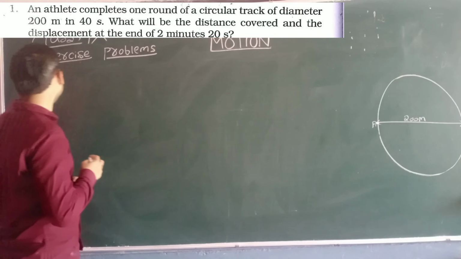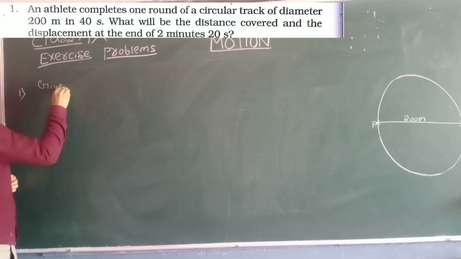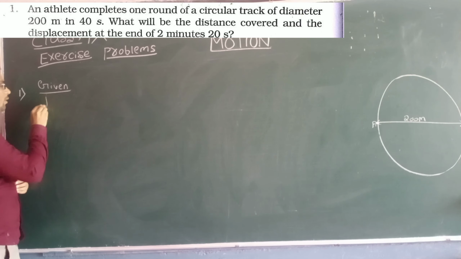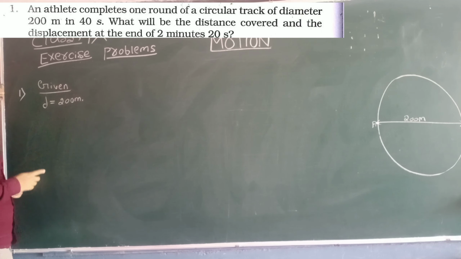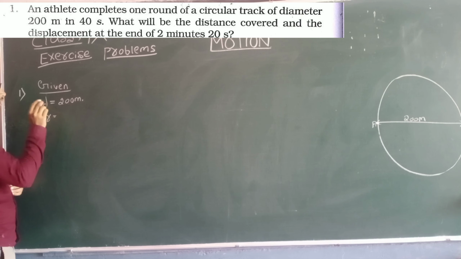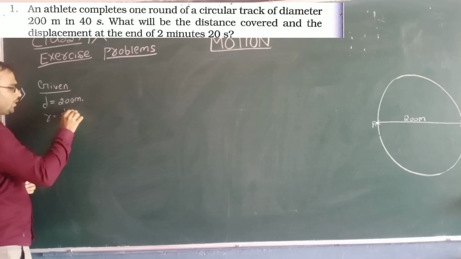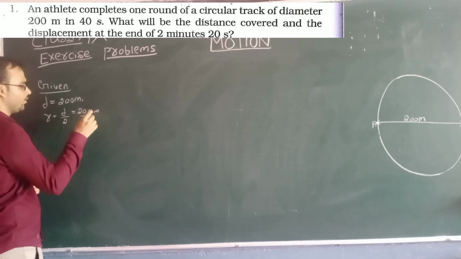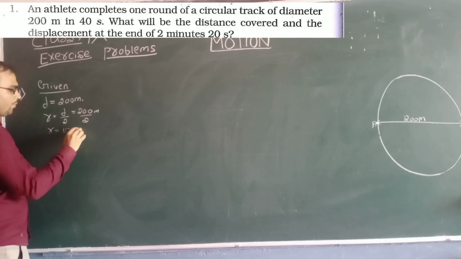So first we will take the given. Students, diameter of the circular path is 200 meter, and radius of the circular path is D by 2, that is nothing but 200 by 2 meter, that is, R is equal to 100 meter.